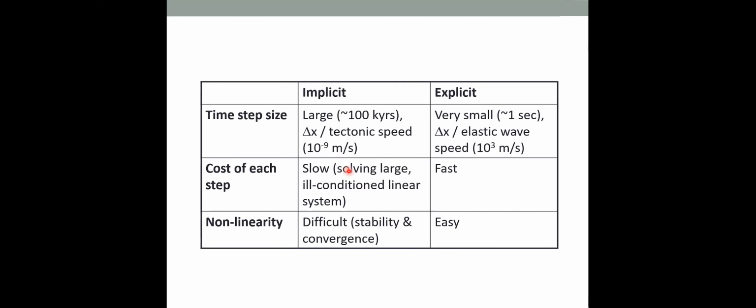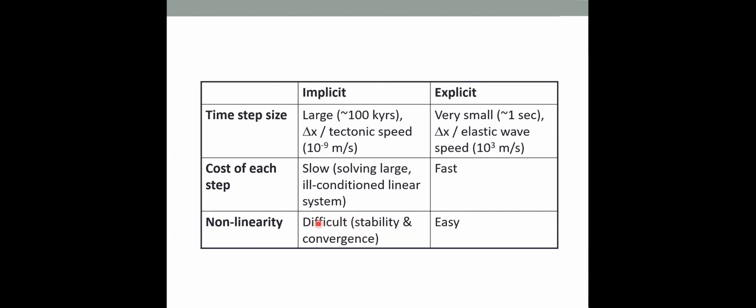For the implicit scheme, it requires solving a large and ill-conditioned linear system. So this is a slow process. For the explicit scheme, it just does matrix vector multiplication. So it's a very fast update. And also, because the system is nonlinear, solving the linear system then means you require another layer of iteration.